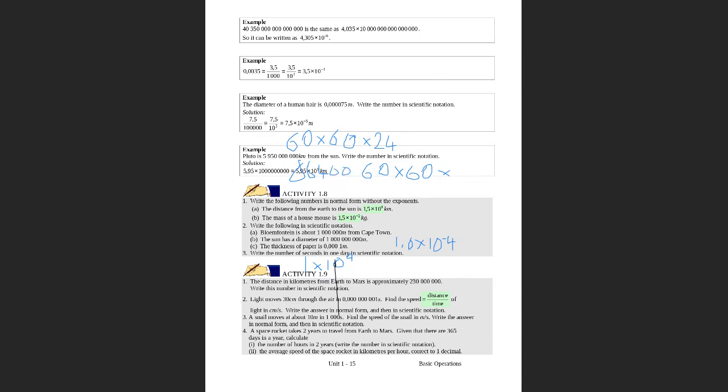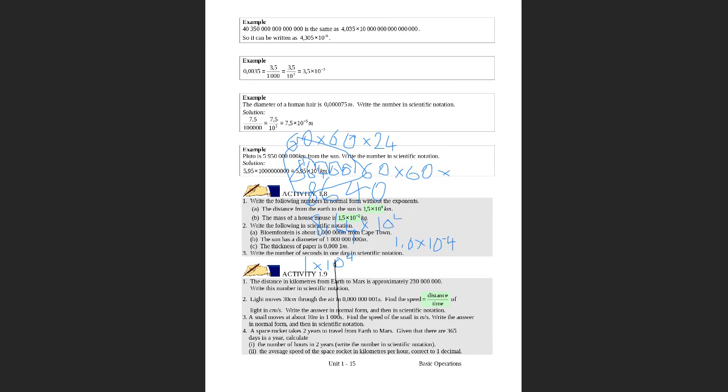So this one is in a normal form. So you have 86,400 seconds in a day. So 1, 2, 3, 4, which will be 8,6,4 times 10 to the power 4.